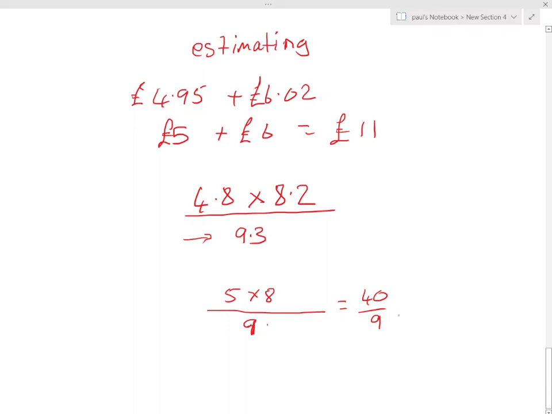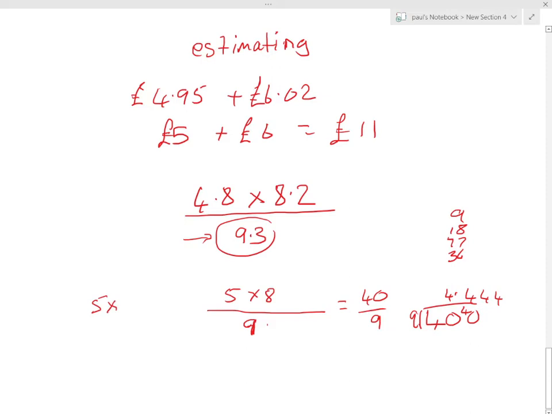So 9, 18, 27, 36, yeah. If we did 40 divided by 9, that's 4, it's 36, we've got 4 over, 4.444. It's just not nice. So if you look at that bottom one, make it so that it can divide into the top one easier. So I'm going to call that bottom one 10.